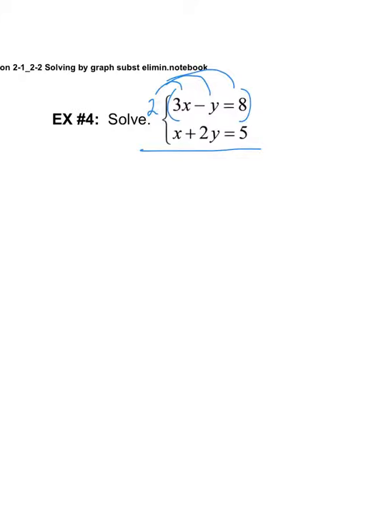So rewrite your new equation, the whole system you need to rewrite, even the second equation, even though you didn't touch it. So 2 times 3x is 6x. 2 times -y is -2y equals 2 times 8 is 16. I'm going to rewrite the second equation.